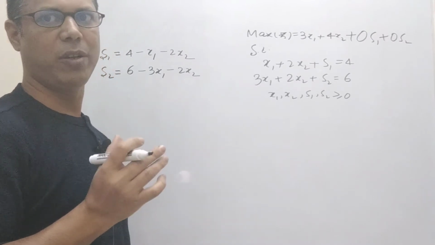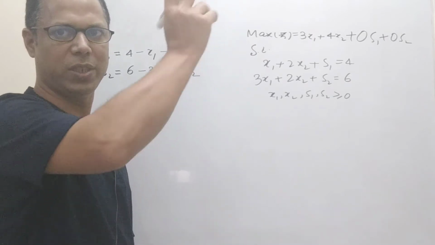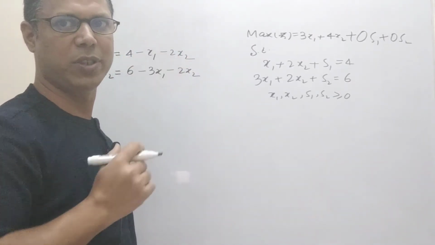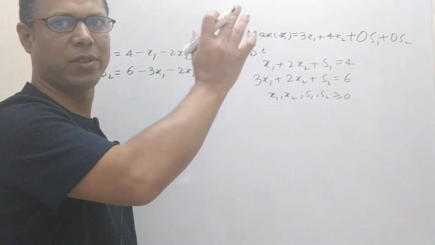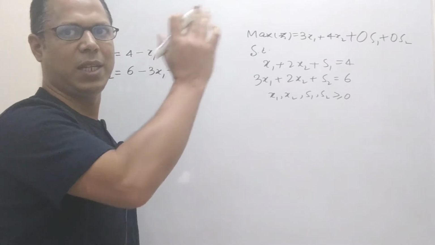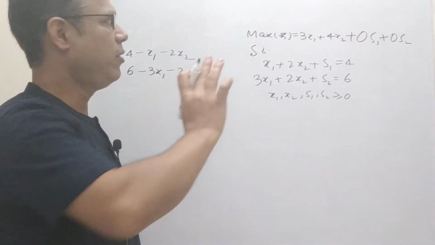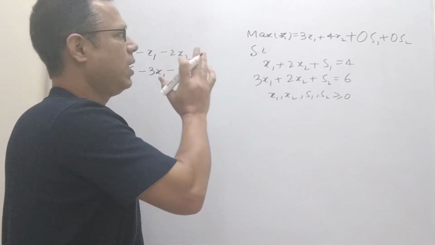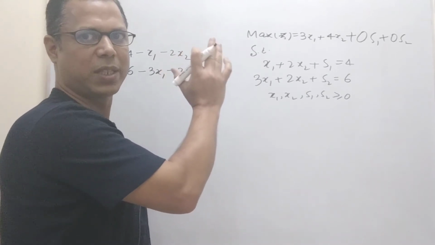The variable under the key column is going to enter into the basis, and the variable which is going to leave the basis is the one with the least positive value from the key rows, found using the ratio of the right hand side of the constraints with the respective key column elements.